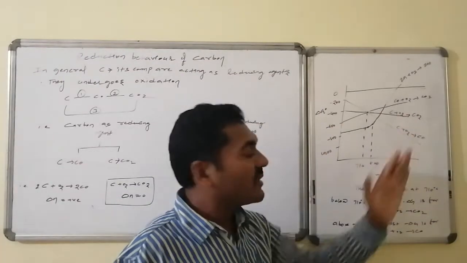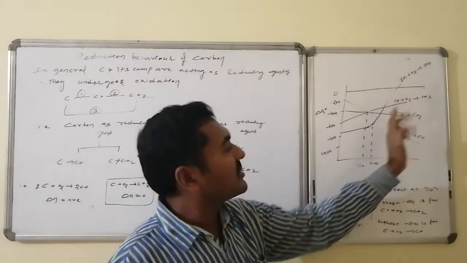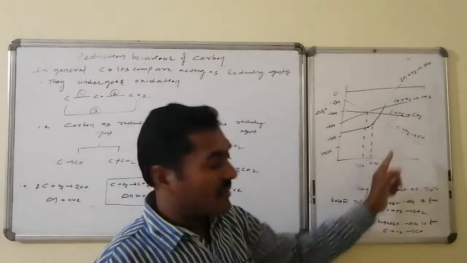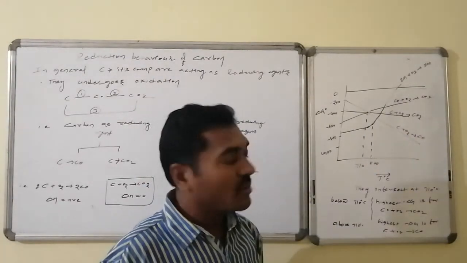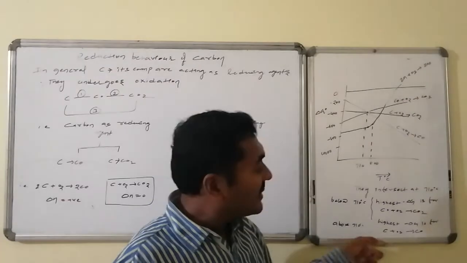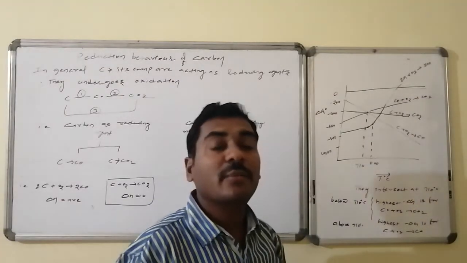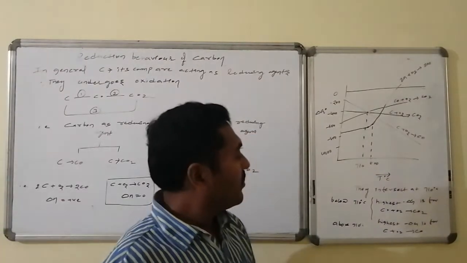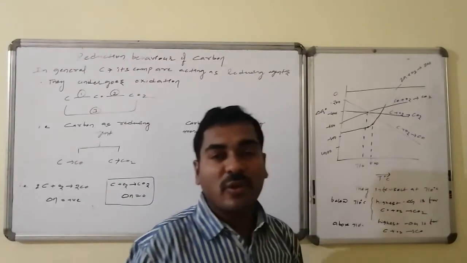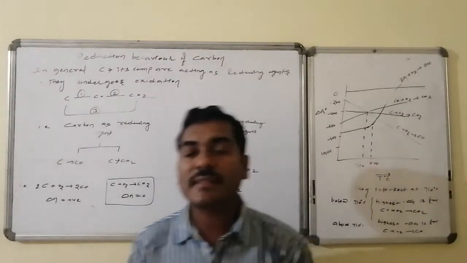Above 710 degrees centigrade, in this particular portion, the highest delta G is for carbon plus oxygen forming carbon monoxide. Hence carbon is acting as the best reducing agent above 710 degrees centigrade. Below 710 degrees centigrade, carbon monoxide is the best reducing agent.